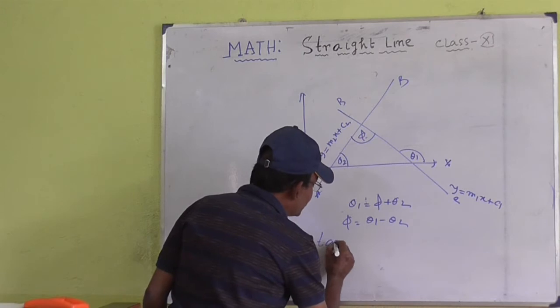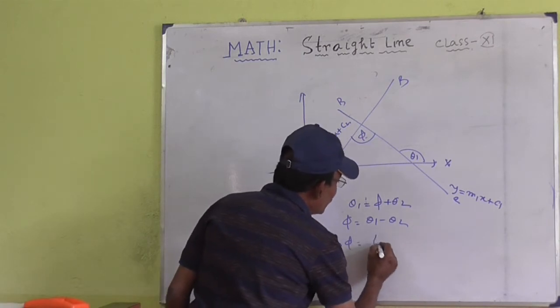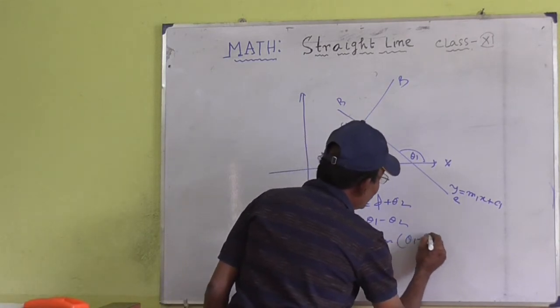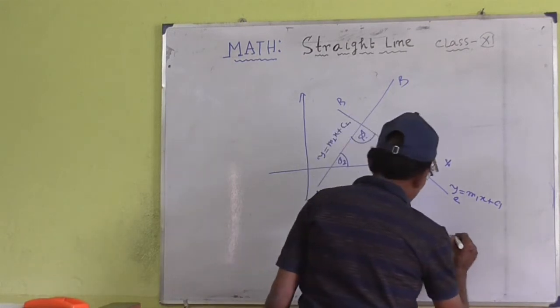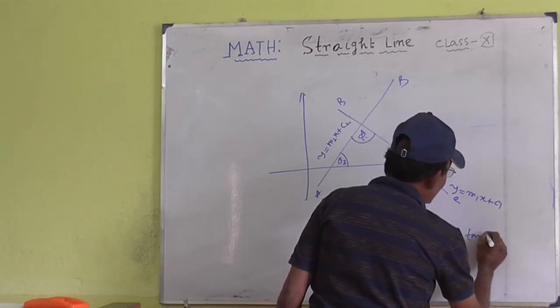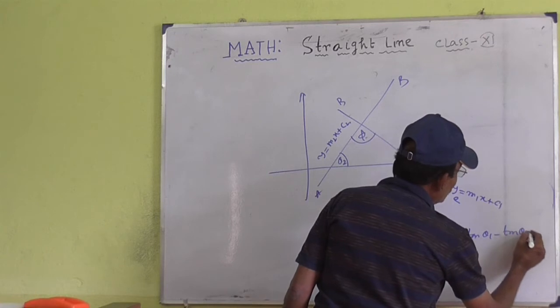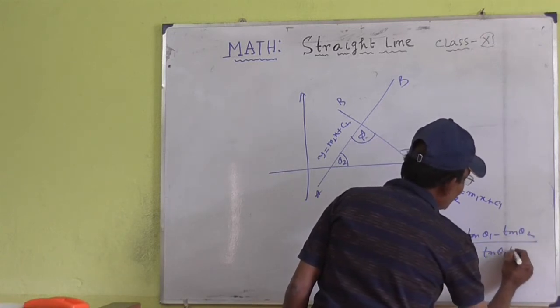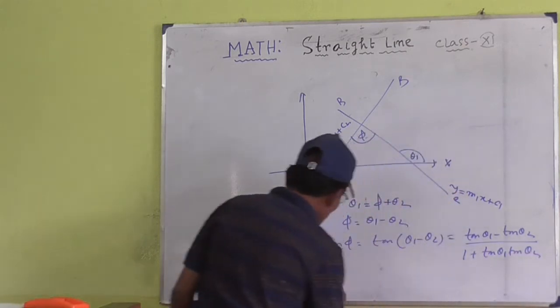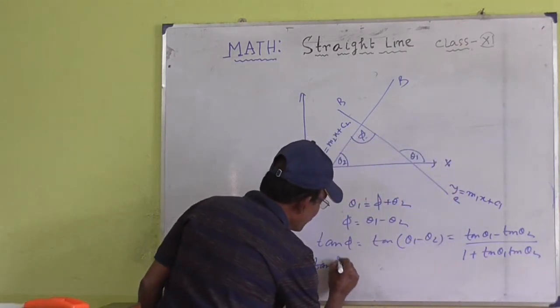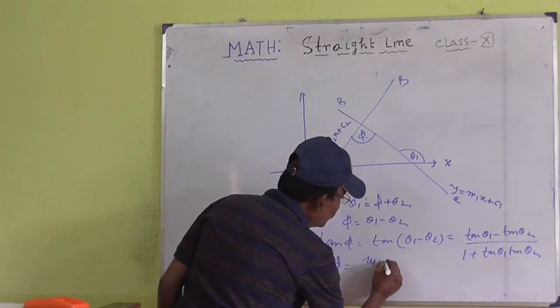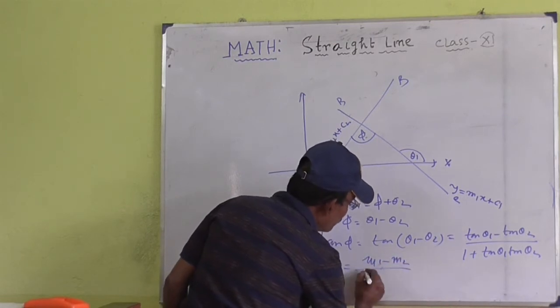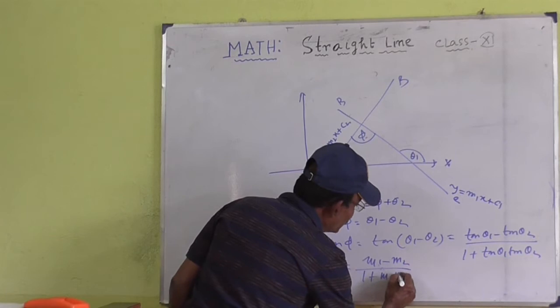If we take tan on both sides, tan of theta 1 minus theta 2 is tan theta 1 minus tan theta 2 by 1 plus tan theta 1 tan theta 2. So tan phi is m1 minus m2 by 1 plus m1 m2.